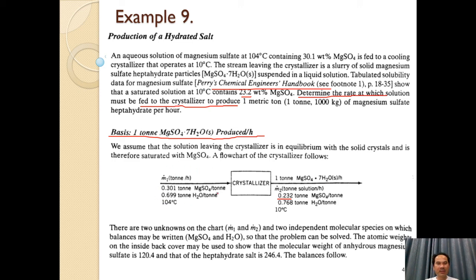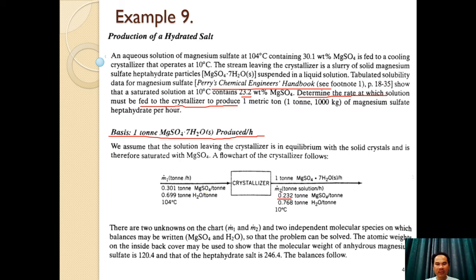The feed composition you know already. The feed composition is 30.1% magnesium sulfate. Then you know 0.699, or 69.9 ton water per ton, is the fraction of water. How about the output?